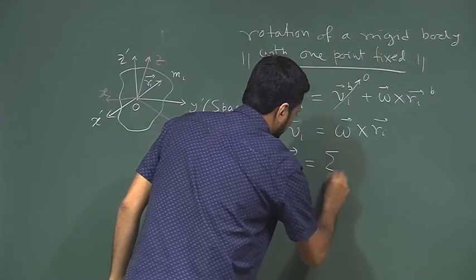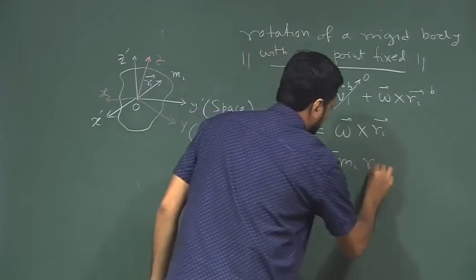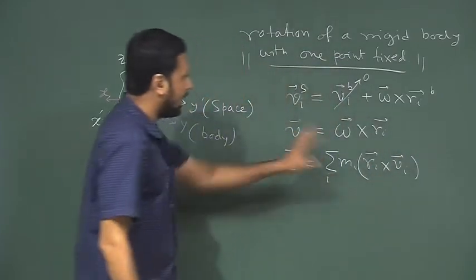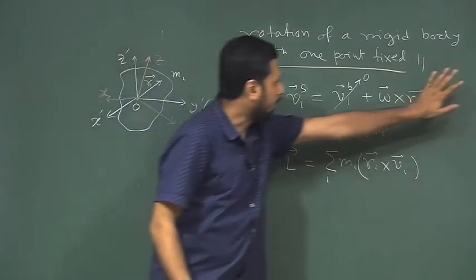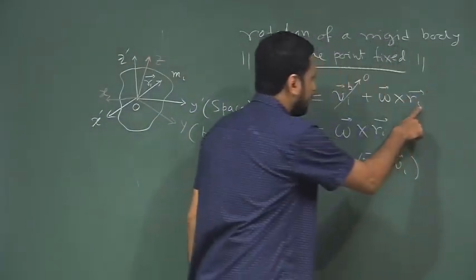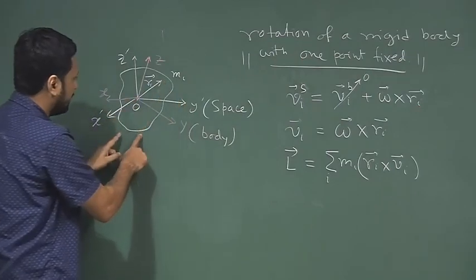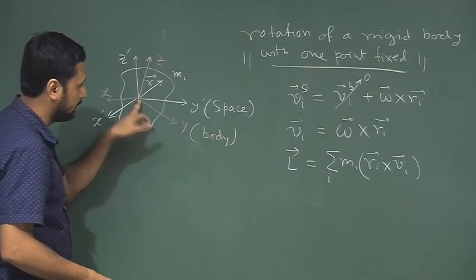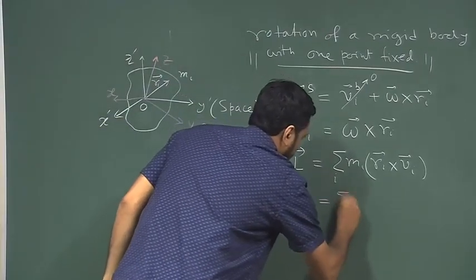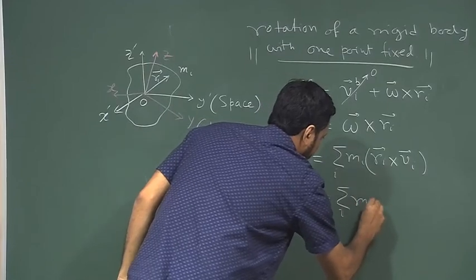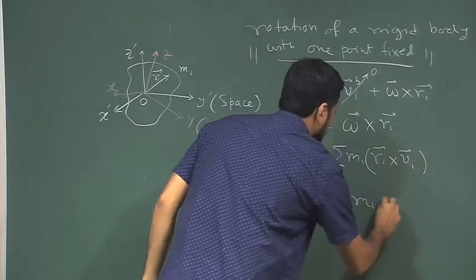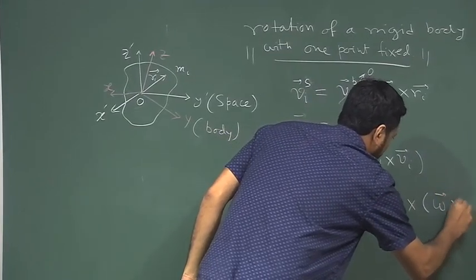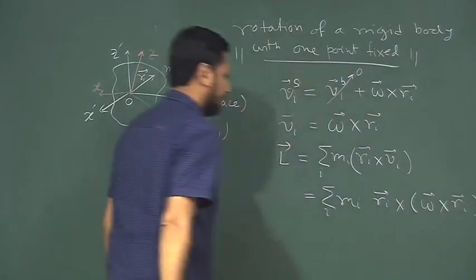We have already seen it is the sum over I of r I cross m I v I. Please remember, r I is the same whether we measure it with respect to the body set of axes or the space set of axes, because it is a position vector and the origin of these two is common. So, we can write it as sum over I of m I r I cross omega cross r I.